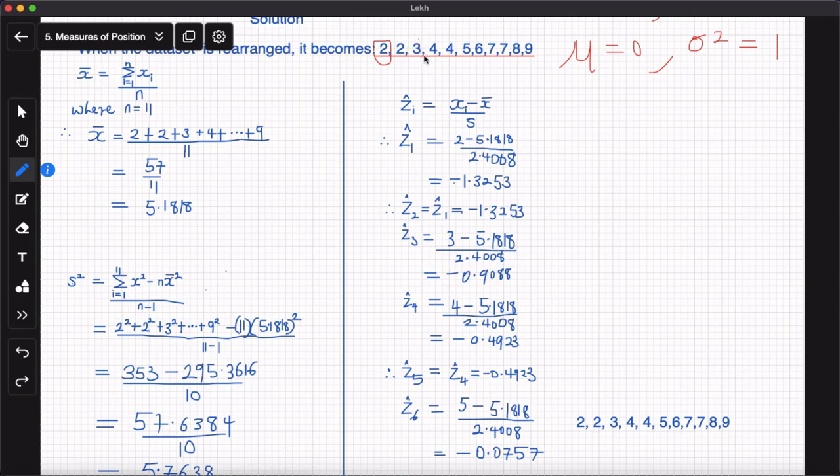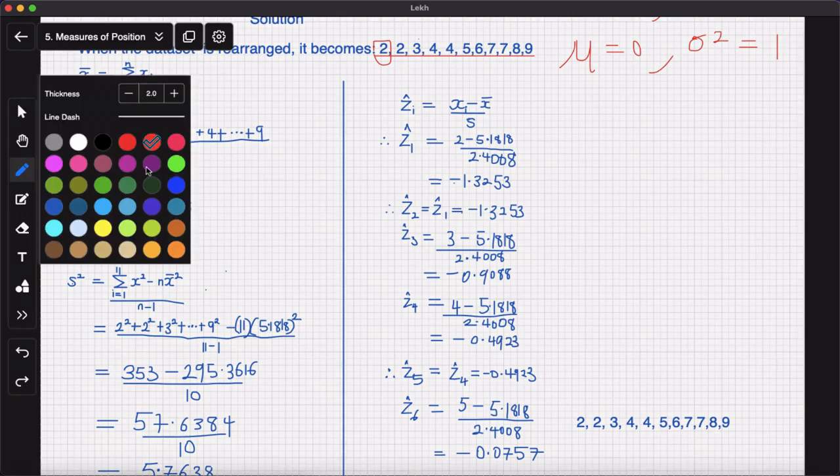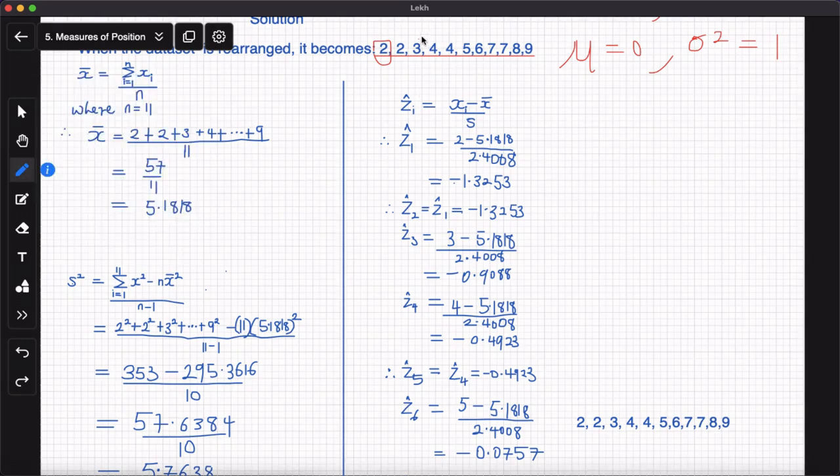Mind you, understand that if this were to be 8, this will still be z3 because what we have here is in position 3. So if this were to be 8, we would have 8 minus the mean divided by the standard deviation.